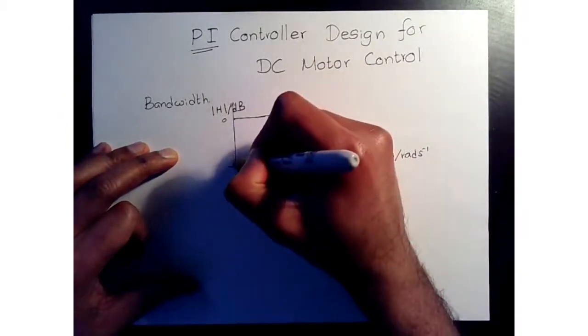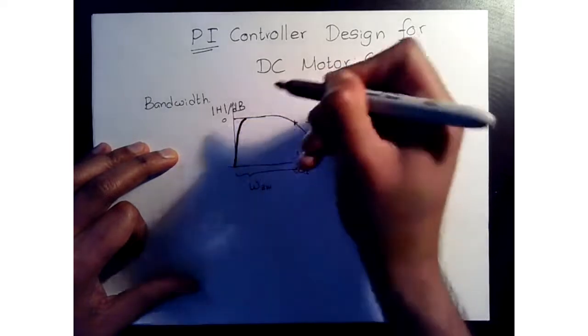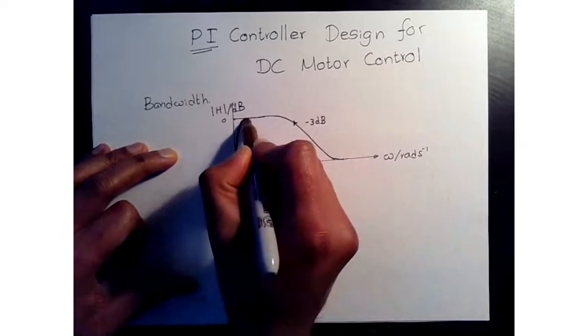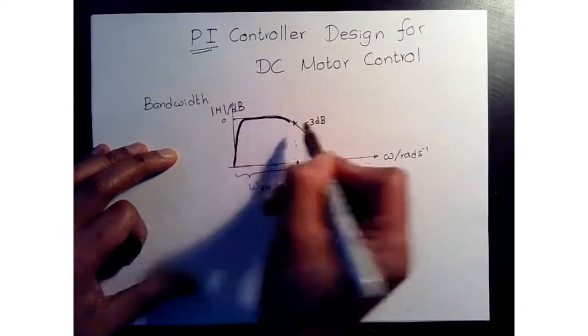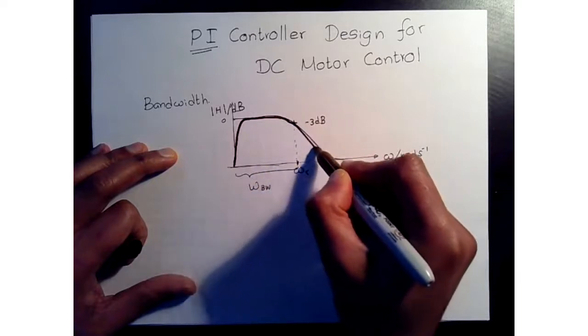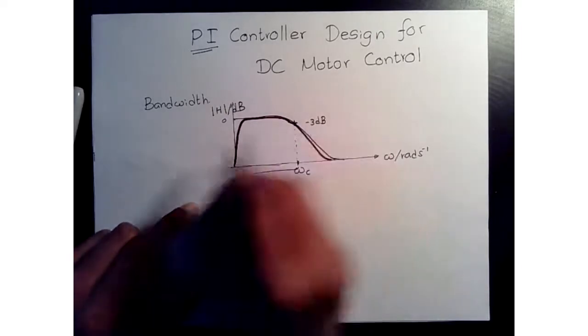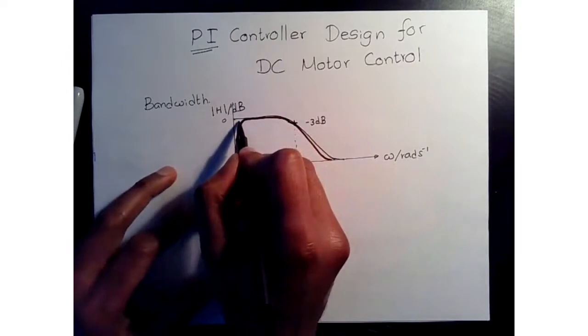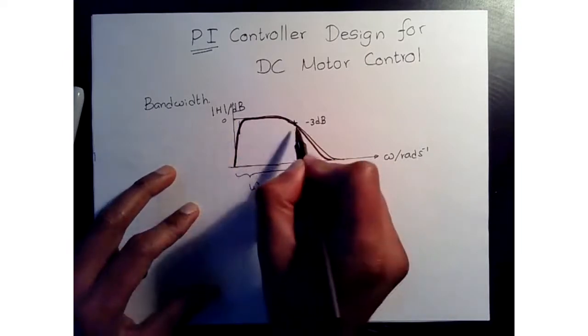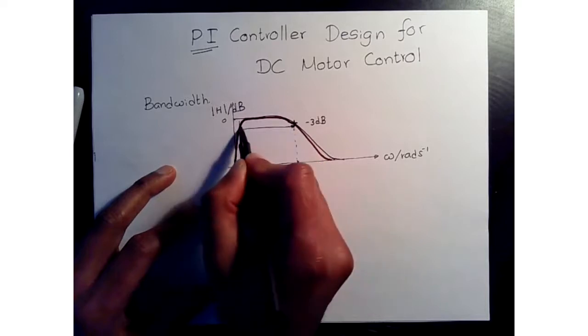You may have seen this in your advanced electronic circuits classes, where your response is more or less like this. If you recall from ECE 358 at SVSU, you might remember that for such cases, you typically choose this as your bandwidth.